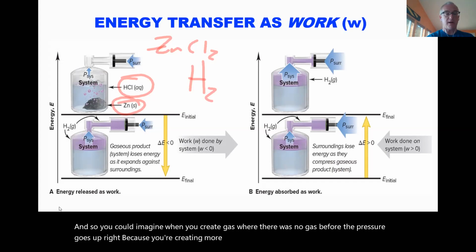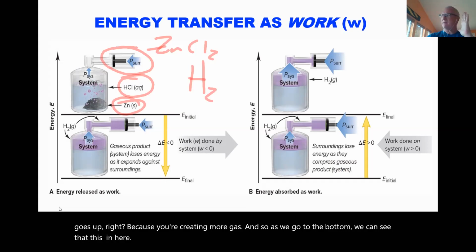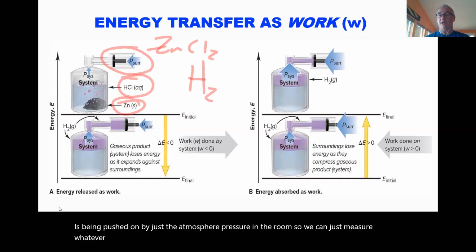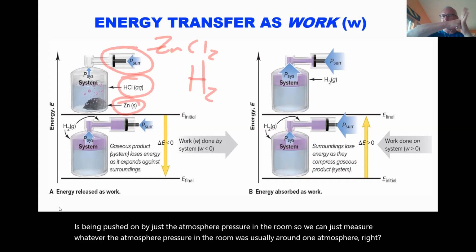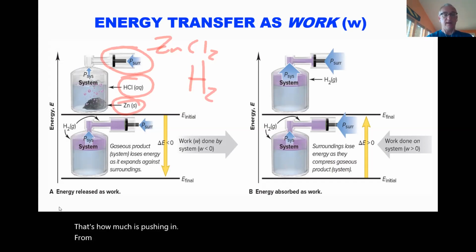And so as we go to the bottom, we can see that this piston here is being pushed on by just the atmospheric pressure in the room. So we can just measure whatever the atmospheric pressure in the room was, usually around 1 atmosphere, right? That's how much is pushing in from the outside. Now we see that piston on the bottom gets pushed out.